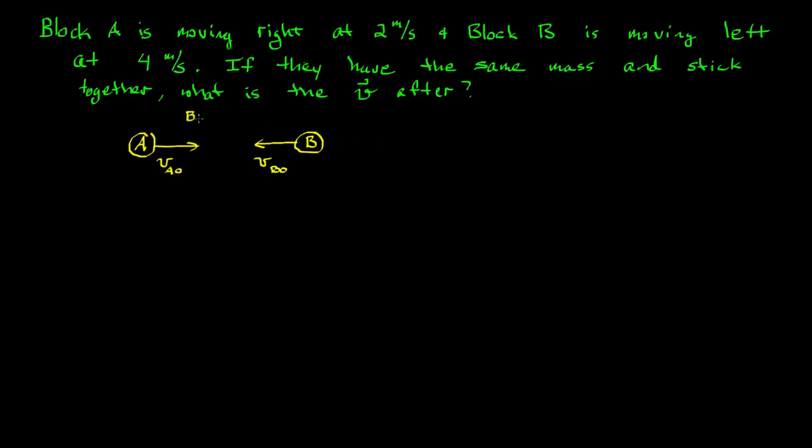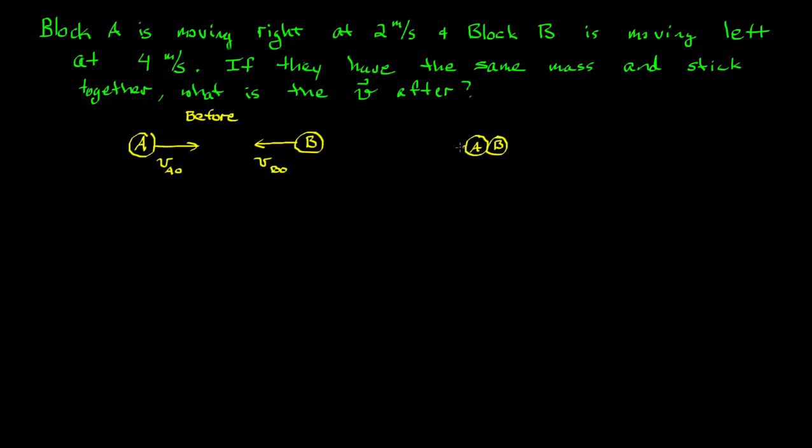Okay, so this is before, and then they collide and they stick together and they're moving. So we have A and B. Now, I don't know which way they're moving, but if they have the same mass, I guess we could figure that out. If block B is moving faster, it's going to kind of win.